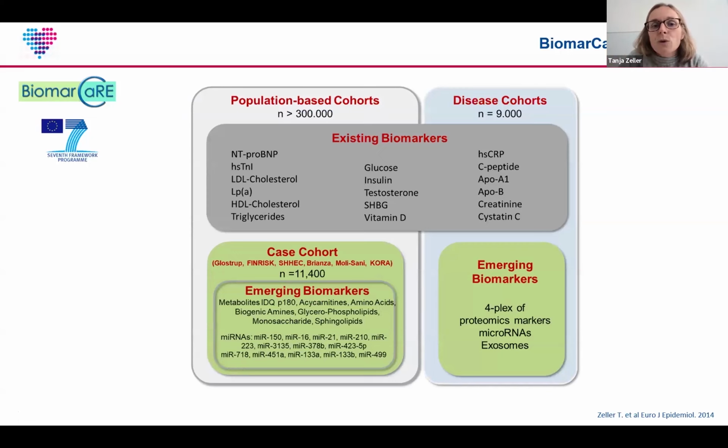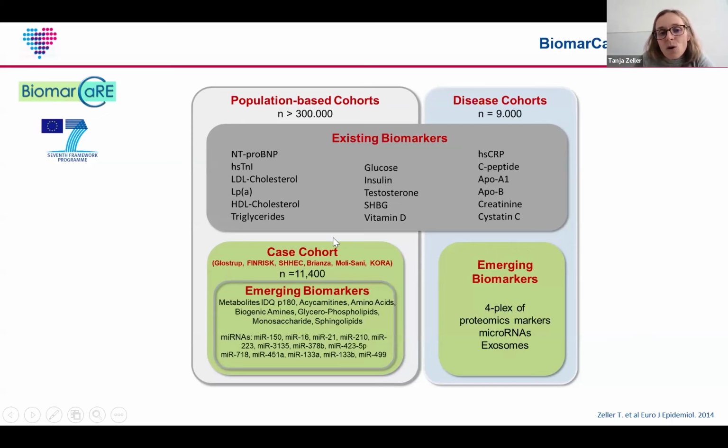So this gives you an overview of what kind of biomarkers we performed. In all 300,000, we measured existing biomarkers that are relevant or at that time were somehow interesting for cardiovascular disease. We also had, mainly from the SMEs within the project, emerging biomarkers. That was on one hand a 4-plex proteomics marker from one of our partners, microRNAs, which at that time were emerging biomarkers, and exosomes.